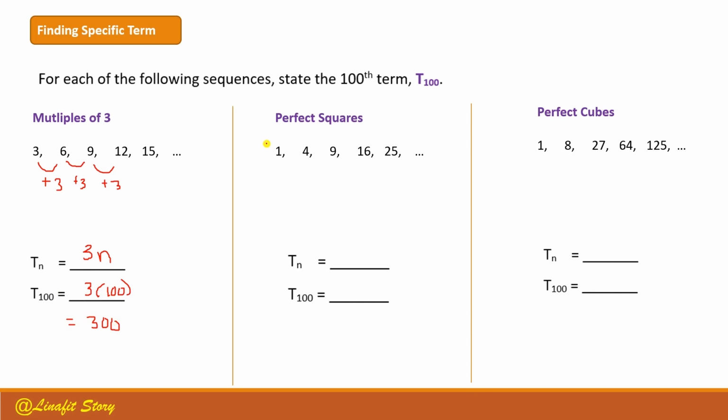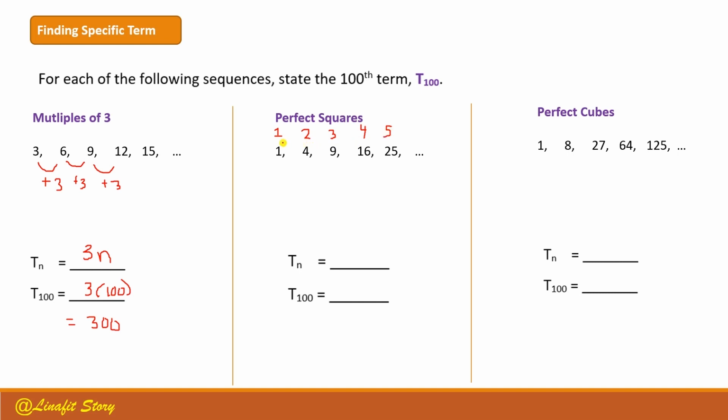Perfect squares. 1, 4, 9, 16, 25, and so on. So we know here the first term is 1, the second term is 4, the third term is 9, the fourth term is 16, the fifth term is 25.